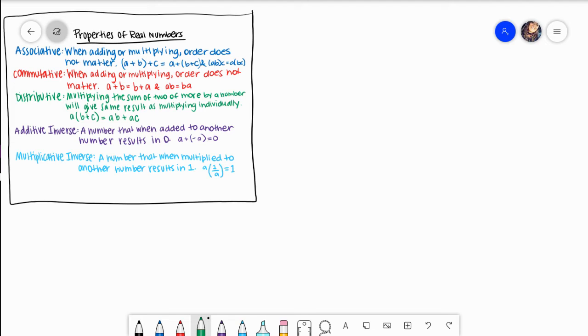Okay. And if you notice here, I have A times, and then in the parentheses, I have B plus C. So read that again. Multiplying the sum of 2. That's that B plus C, right? 2 or more numbers. And multiplying the sum of 2. That A is what's multiplying the sum of B plus C, because the sum is the answer that you get when you add things together, right?